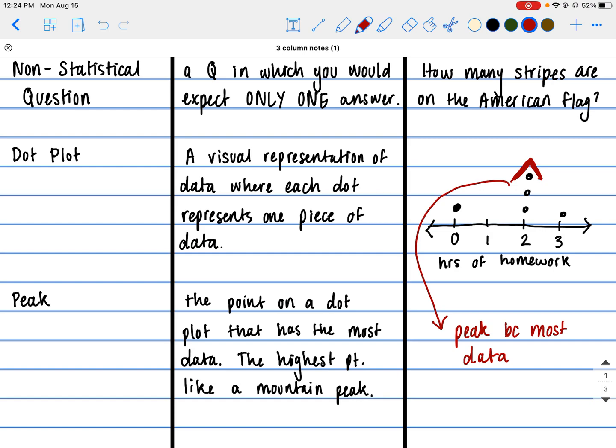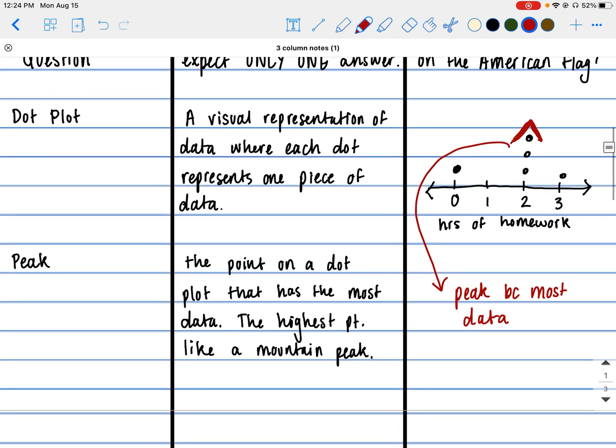All right, that's the peak. So a peak is any point where it's the most, and a peak can occur more than once. You can have 2 peaks. Like if 3 and 2 both had 3 points, those would both be the peaks. You could have more than one. So I should write that. You can have more than one. All right?